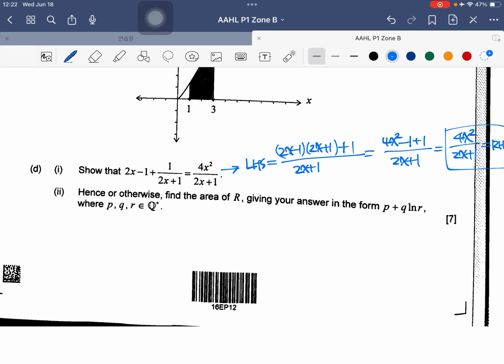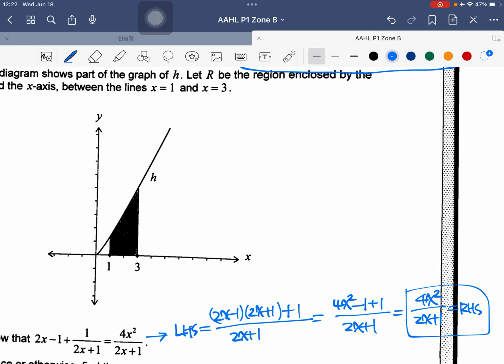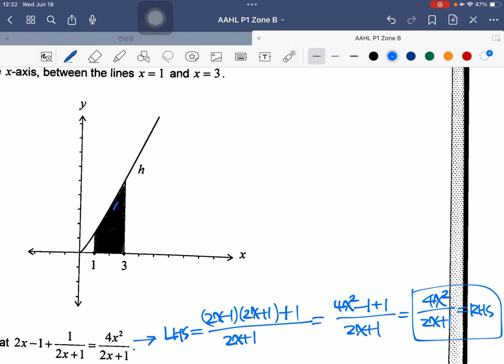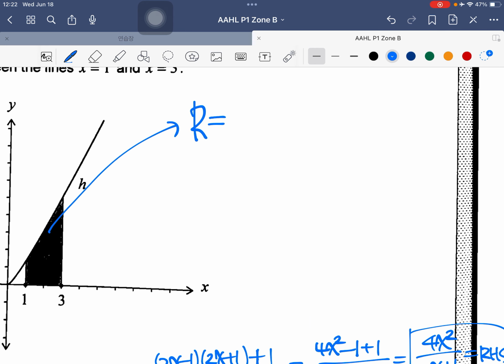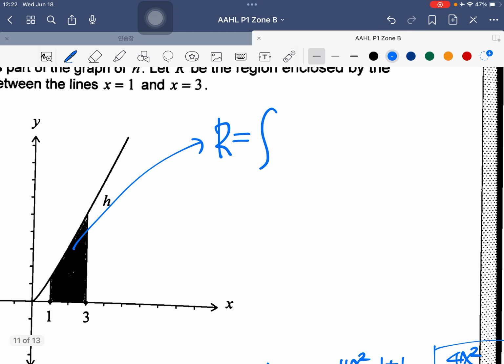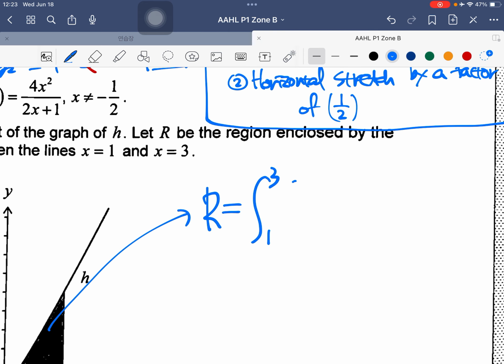Okay, hence or otherwise find the area of R, giving your answer in this format where p, q, r are positive rational numbers. The area of region R can be calculated by integration from x equals 1 to 3 of 4x squared over 2x plus 1 dx.